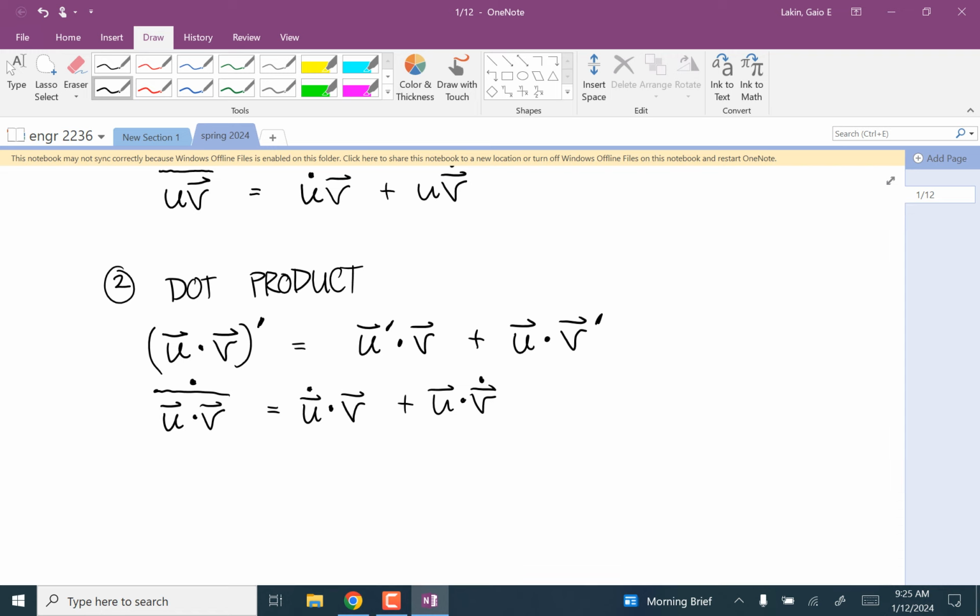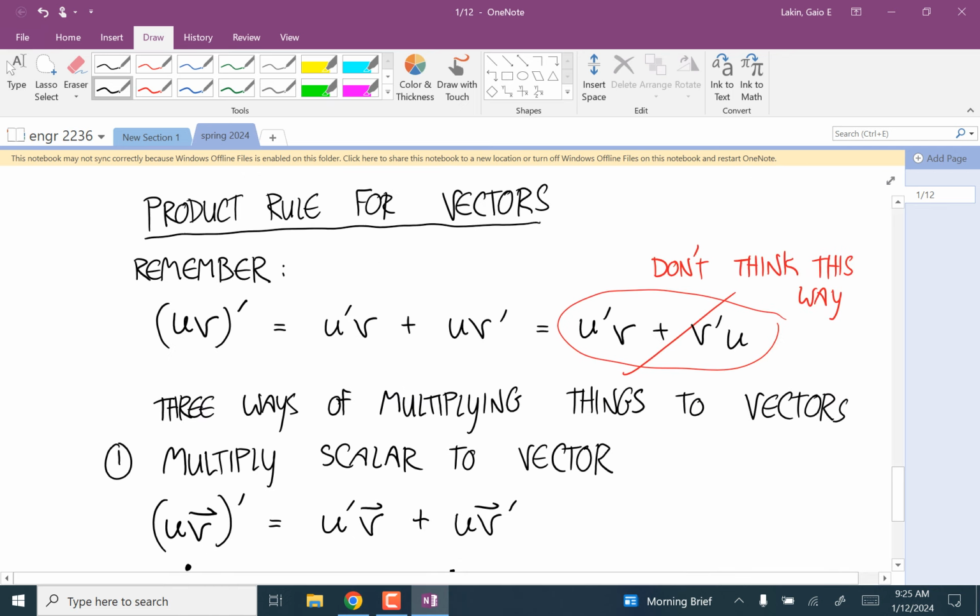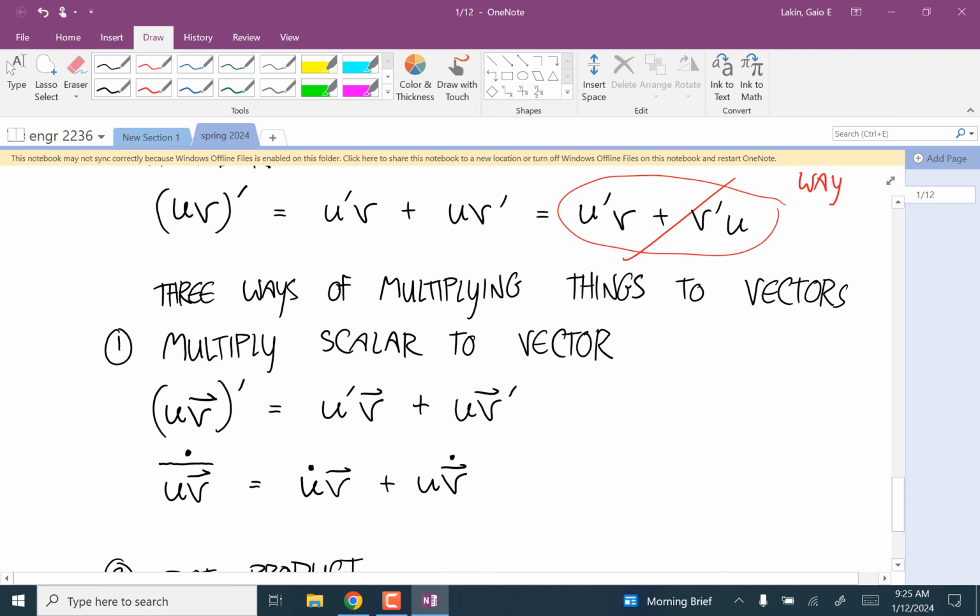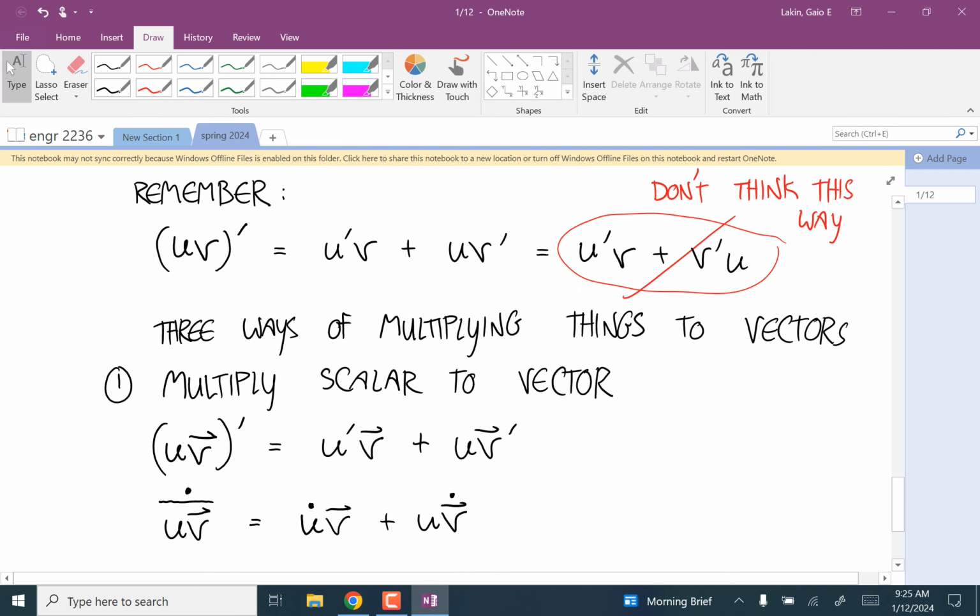When I said up above, don't think this way. So far, both of these two would work fine thinking this other way, but the cross product is the one where this would mess you up.